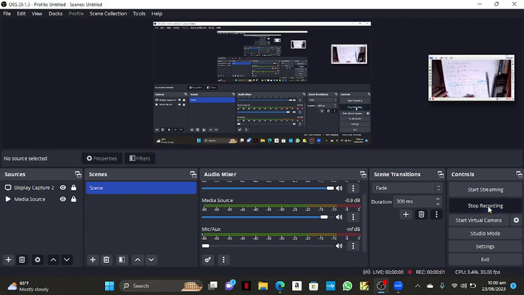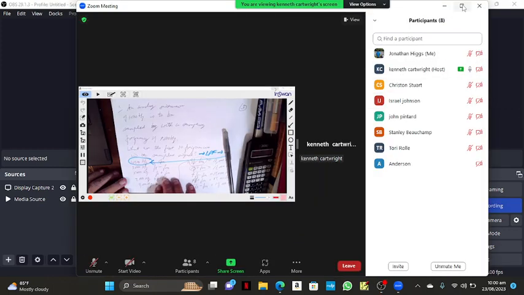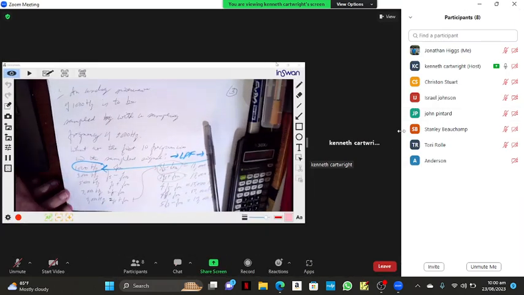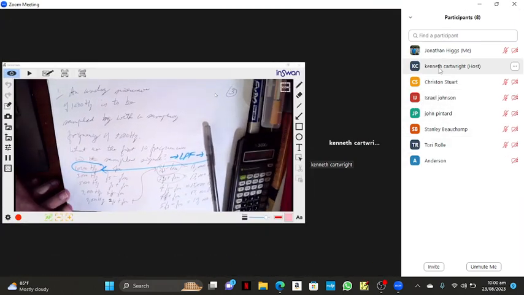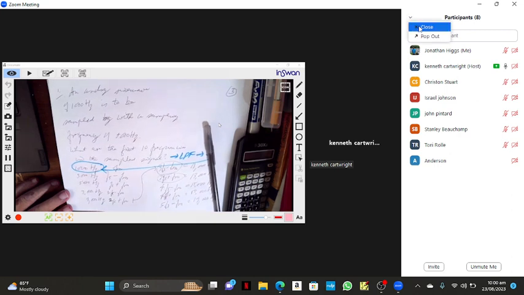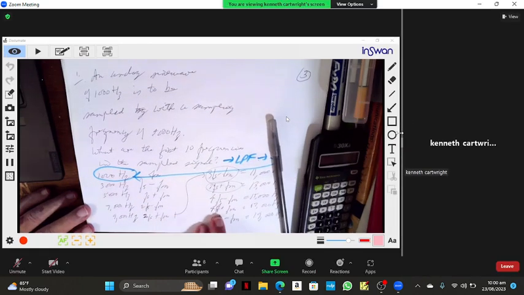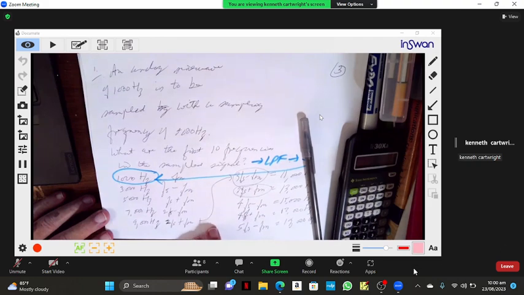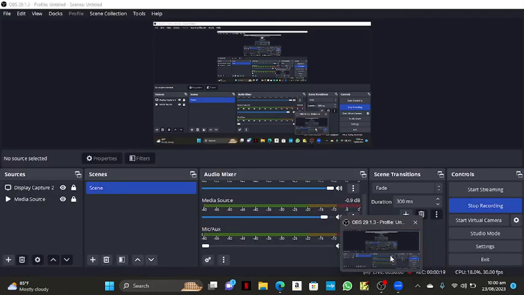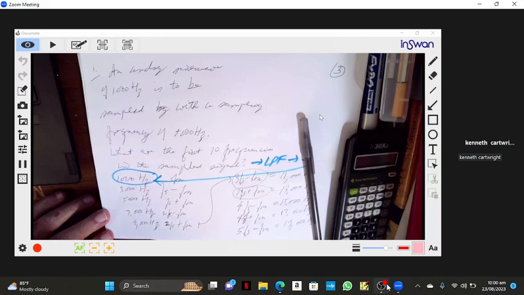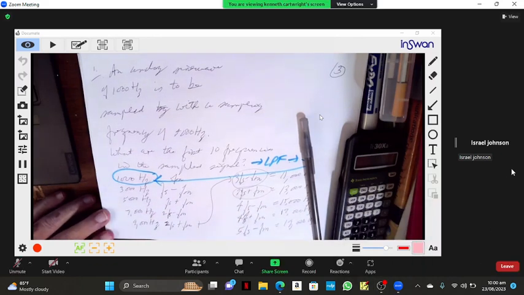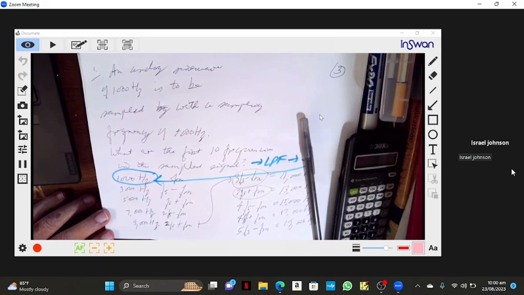Last class, we were talking about sampling. How do we create a digital signal? We have to convert an analog signal in order to create a digital one.